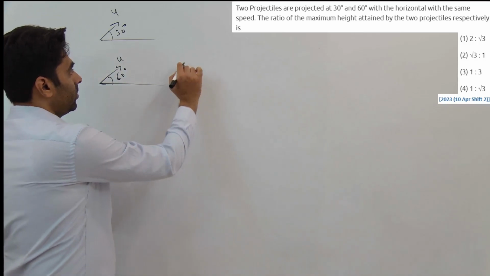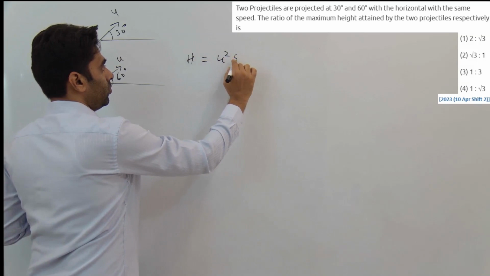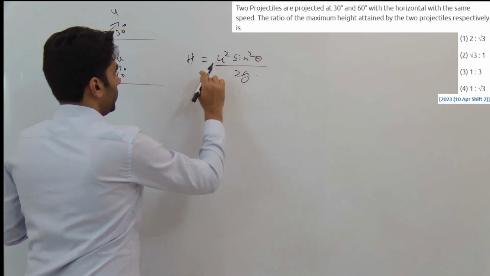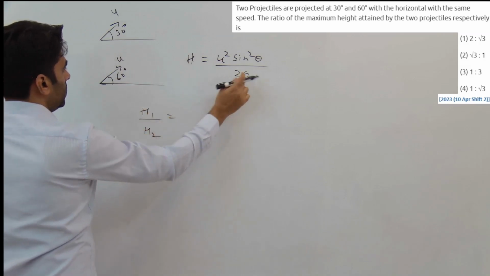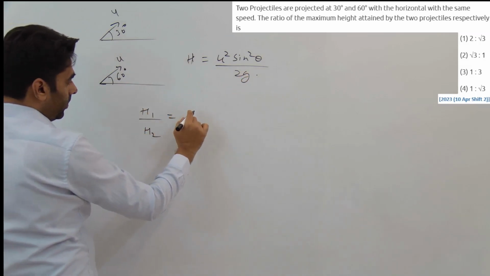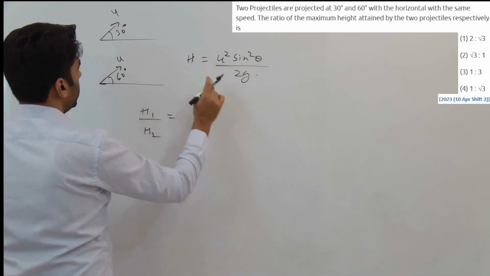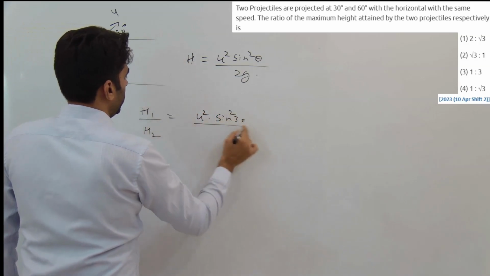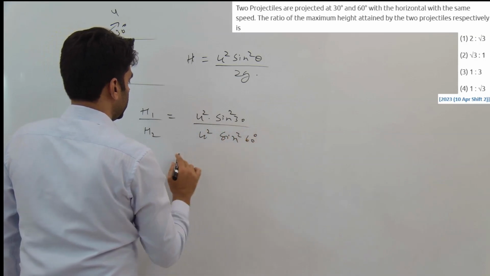Height, what is the formula for height in projectile? Maximum height is given as u square sine square theta by 2g. So we can write in both the cases h1 by h2. 2g will cancel out, u is also common, but anyways let's write u square sine square theta, that means sine 30 square by u square sine square 60.